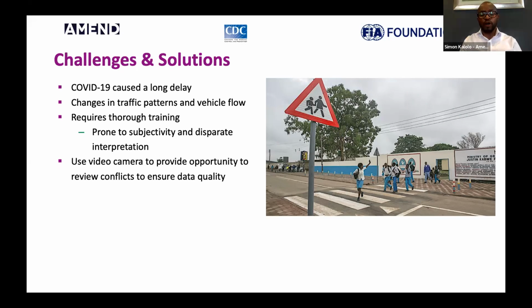But also, one thing that we found very useful in our case was the use of cameras and recording video footage, which was later used to review the conflicts and ensure that the data we submitted for analysis had the quality and credibility that was required.